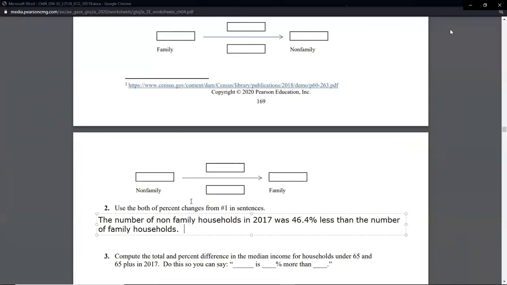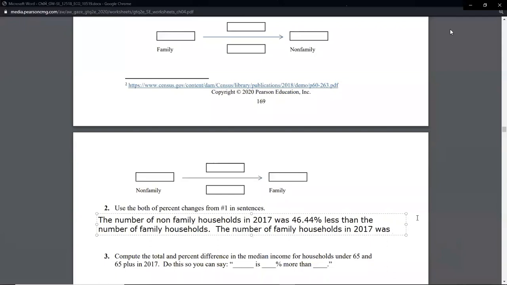But when you flip the family and non-family order, so this is the second version, the number of family households in 2017 was, and this was the 80% number, 86.7, and that was 46.44, excuse me, is what we originally had.